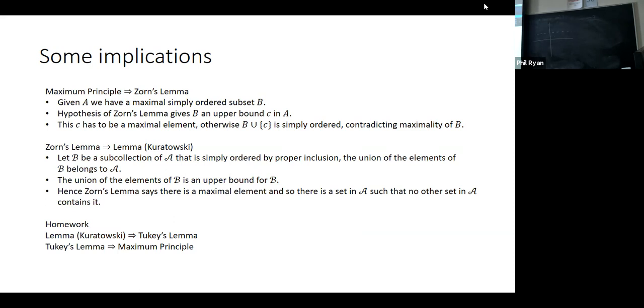And we know that they're all equivalent also to the axiom of choice and the well ordering, but we won't go into that. That would be in a logic class, we could do that quite straightforwardly.